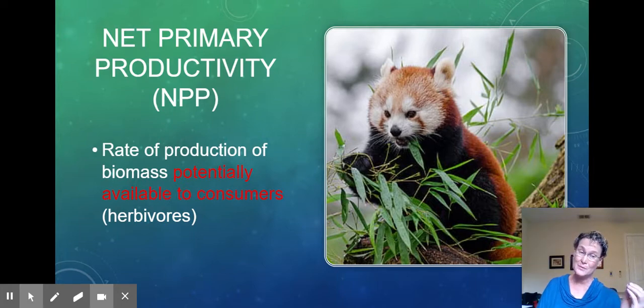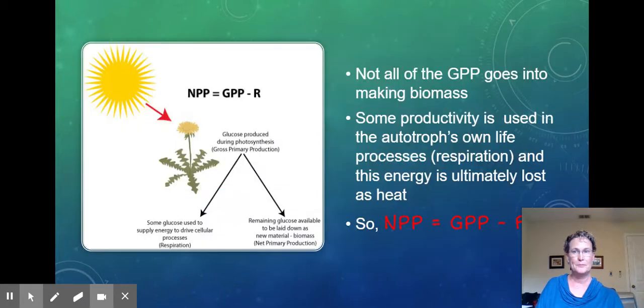If you have too many expenses, you might not make any money and you might go into debt. So that's what we're talking about here. How much does the biome and ecosystem actually use, and then what's available for the herbivores?